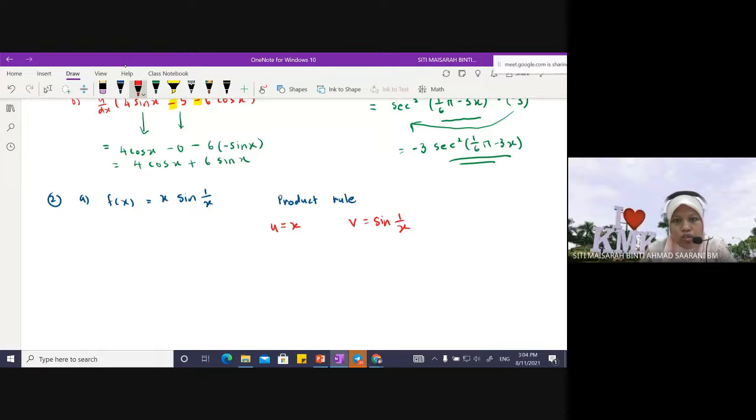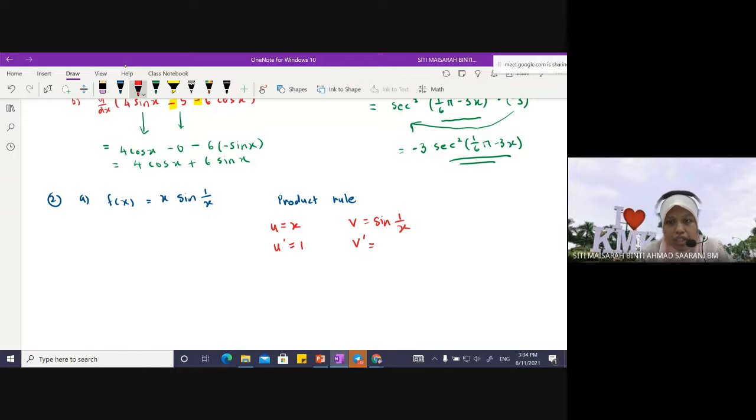Differentiate u equals to x, it's become u prime equals to 1. Then v equals to sine 1 over x. We differentiate v, become v prime.